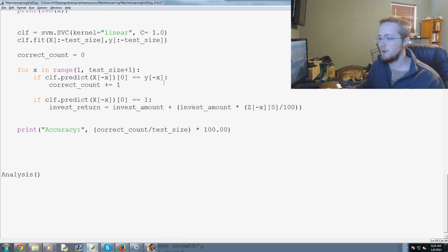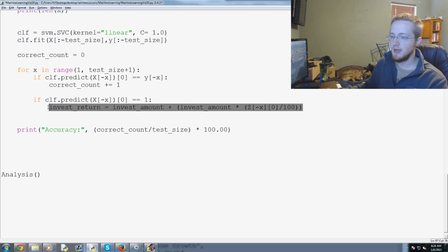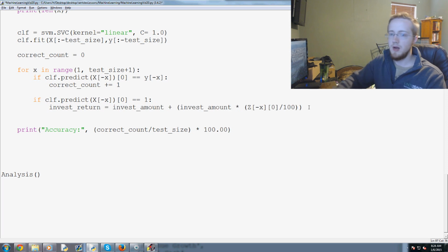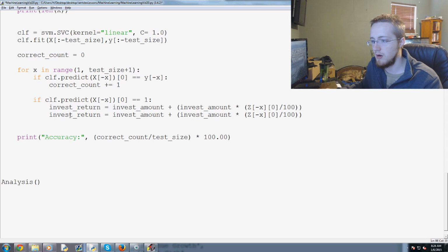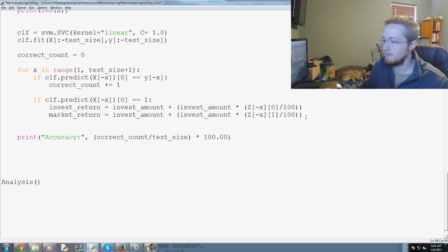So the investment return will be this number, and then basically we can take the same line pretty much, and we'll call it market_return. It'll be the investment amount plus the investment amount times the z of the x, minus x rather, and then the 1st version of that for the market, and that's that.